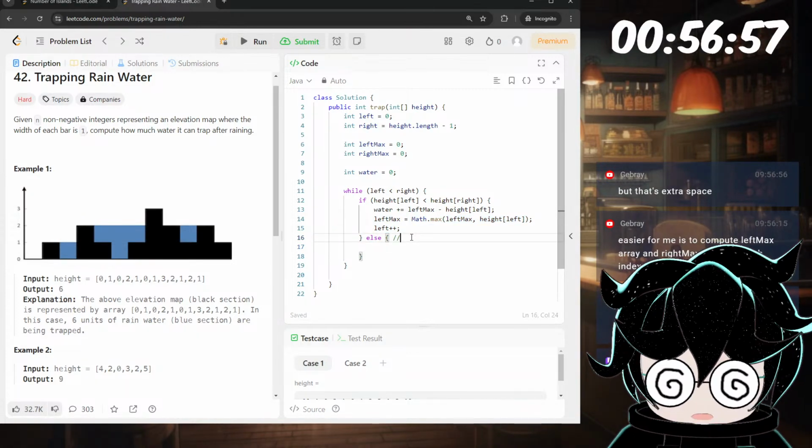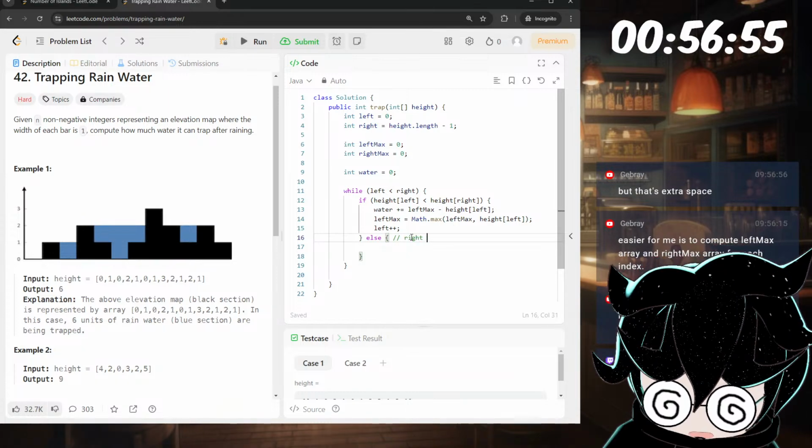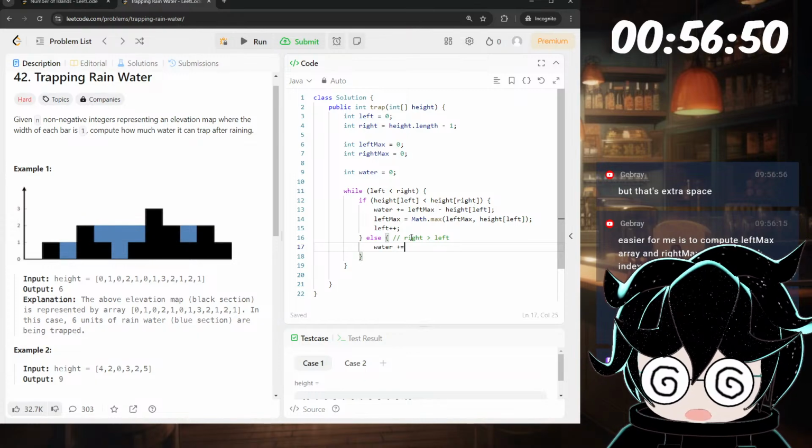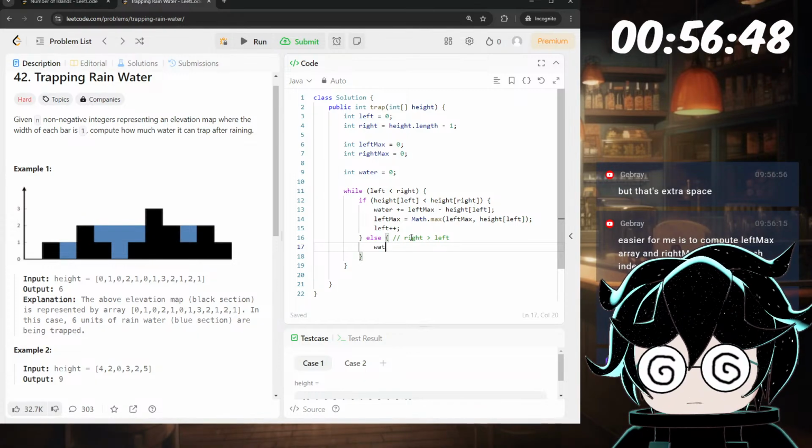Sure, and then else, the right is greater than the left. What do we do here?